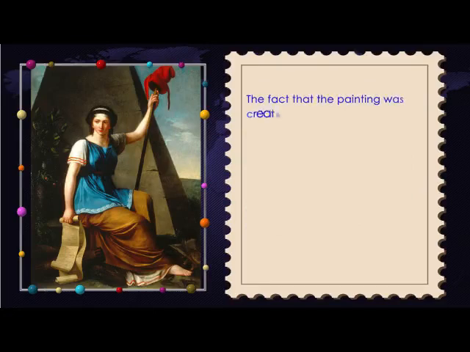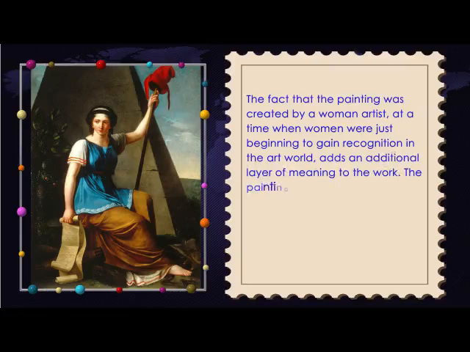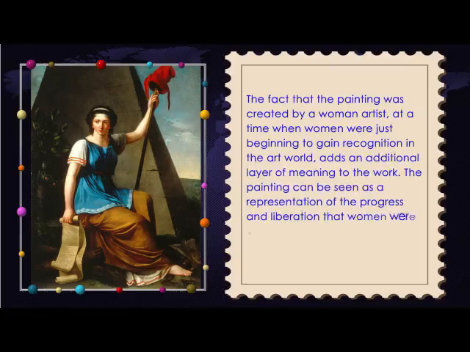The fact that the painting was created by a woman artist at a time when women were just beginning to gain recognition in the art world adds an additional layer of meaning to the work. The painting can be seen as a representation of the progress and liberation that women were experiencing during this period.